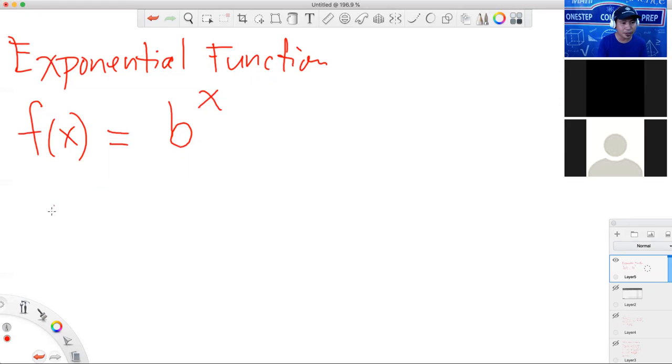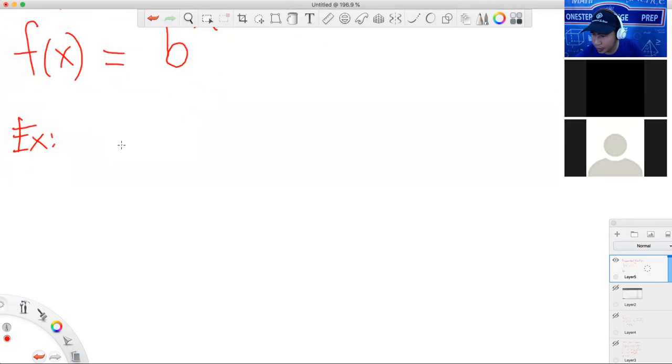Say for example, let me check your view there. So for example, number one, let's say you have y is equal to the base, let's say 12 raised to x.